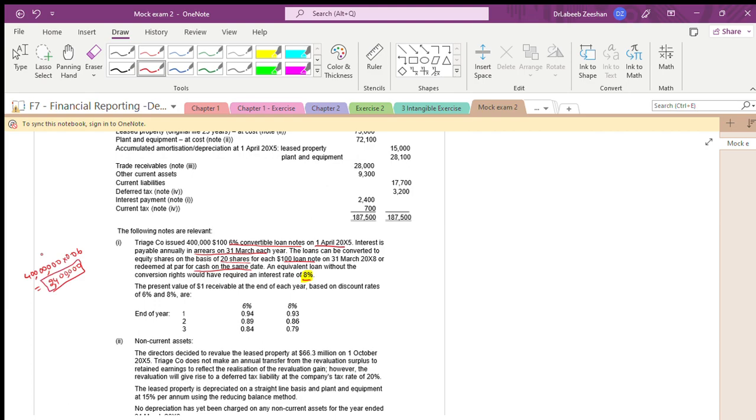Is it right? 2.4 million. Fine. Convertible. Proceeds are how much?